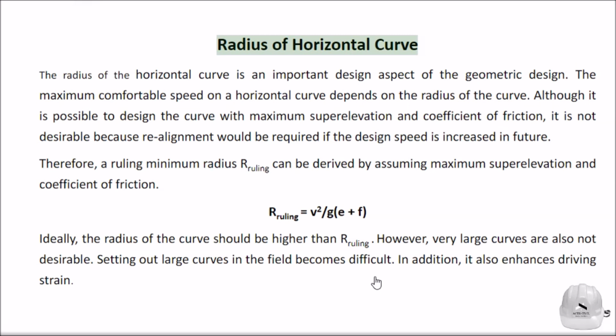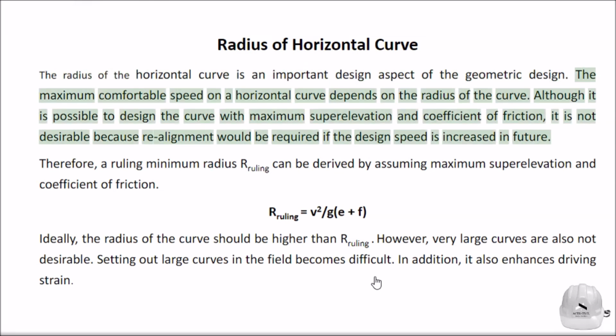Radius of horizontal curve. The radius of the horizontal curve is an important design aspect of the geometric design. The maximum comfortable speed on a horizontal curve depends on the radius of the curve.